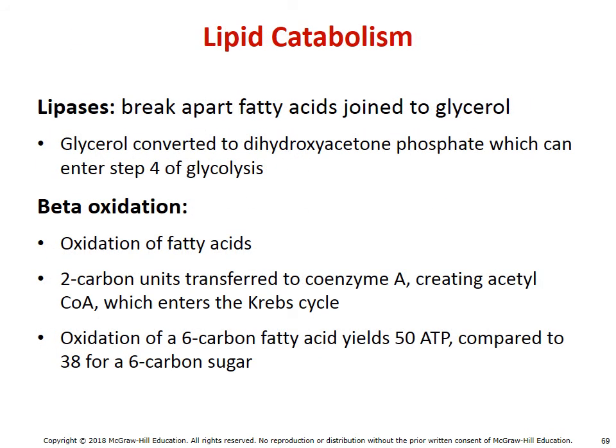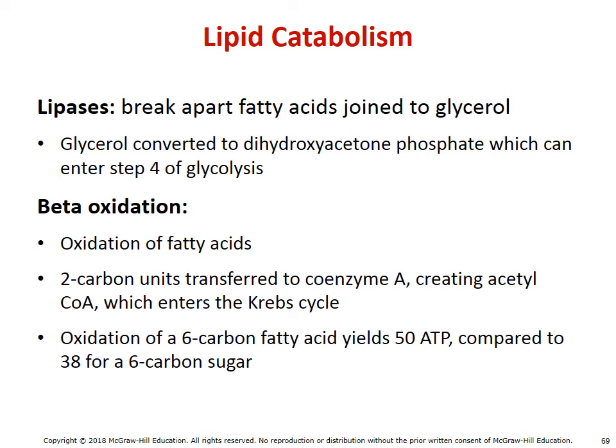You're probably aware that whenever we don't have sugar, we can do catabolism of other things like fats and proteins. So we're going to briefly go through the processes there. Notice lipases are going to help break up the fatty acids and the glycerol to allow us to break down the fatty acids through beta oxidation. So beta oxidation is ultimately going to yield lots of ATP, but there was lots of investment in producing the lipid to begin with.